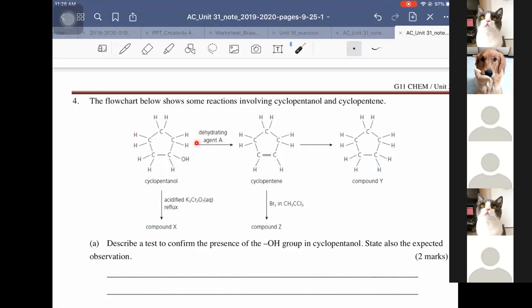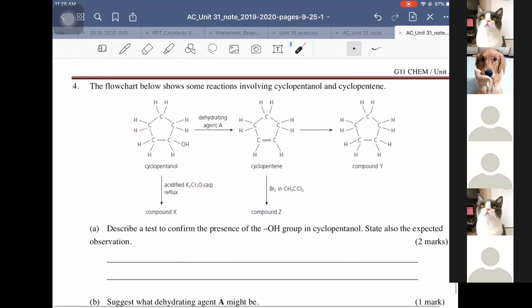By using the dehydrating agent, we're removing water, the hydroxyl group with this hydrogen, so a double bond will be formed between these two carbons. We also have a reaction with acidified potassium dichromate, heating under reflux. And for the cyclopentene, we add bromine in organosolvent.